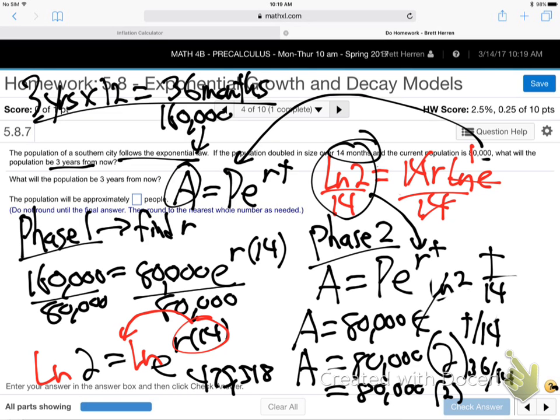So that was the correct rounding? Anybody else getting 475,518? That's how many people in 3 years. You guys able to get that in your calculators? It's a good thing to have a calculator with you. Right, 2 to the power 36 over 14, times 80,000.